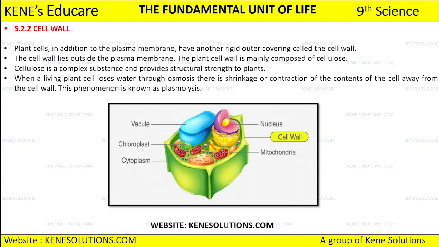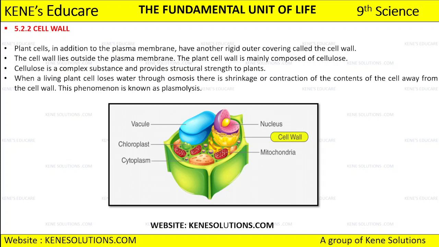So here we have another term called plasmolysis which takes place. Okay. So plasmolysis में क्या होता है? When a living cell loses water through osmosis, that is there is shrinkage or contraction of the content of the cell away from the cell wall, then we call it plasmolysis. Now this is the same thing that we have seen for hypertonic solution.